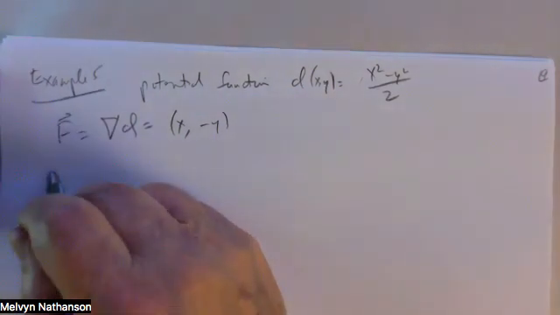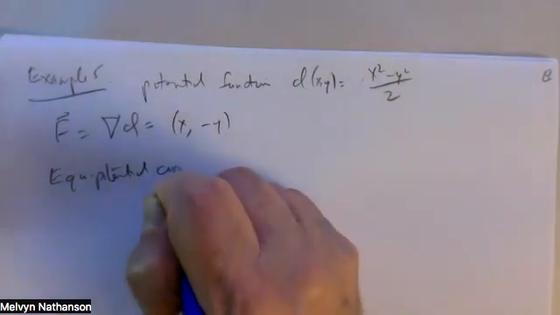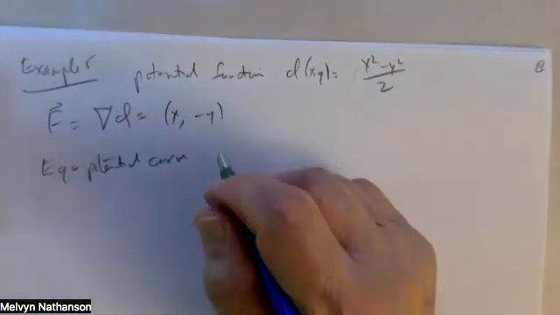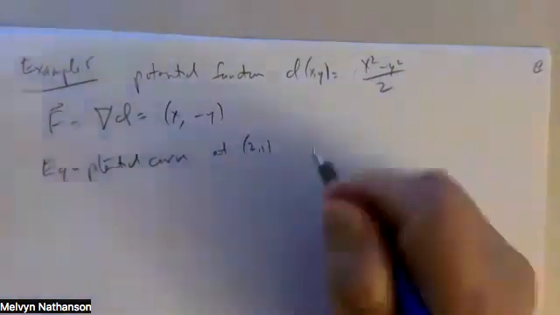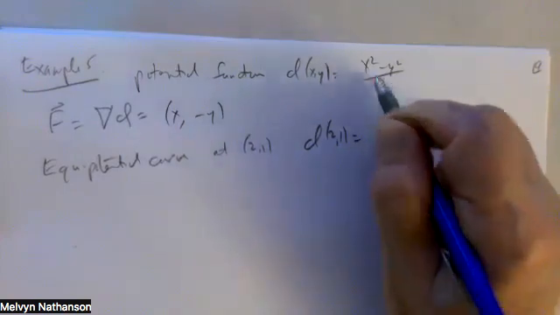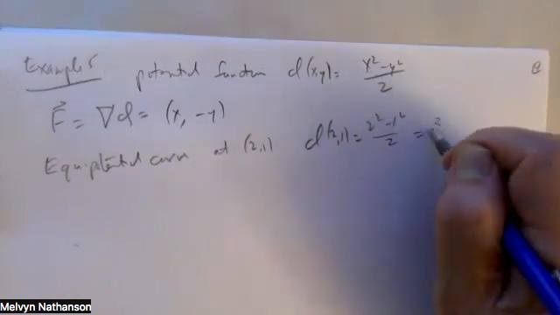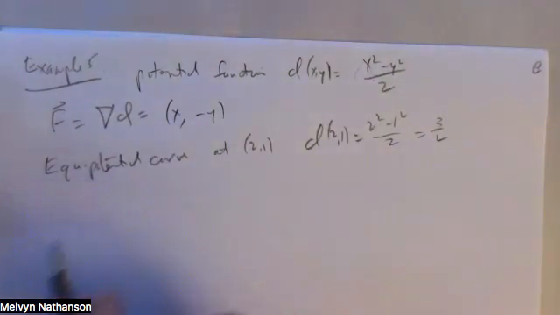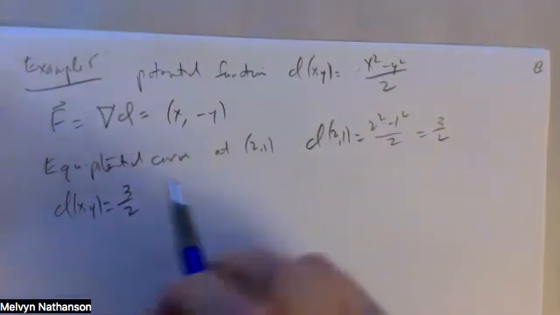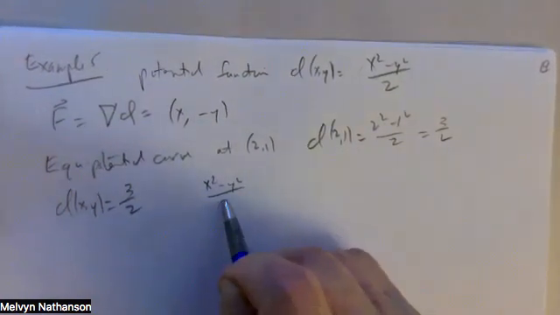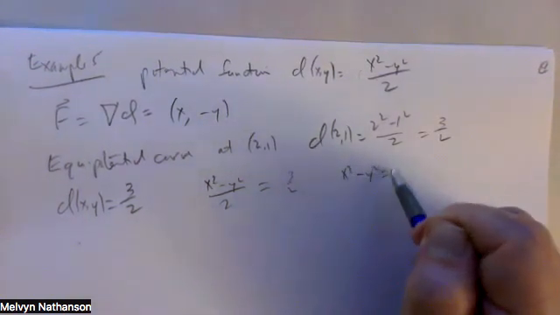What is the equal potential curve at the point 2, 1? So phi of 2, 1 is 2 squared minus 1 squared over 2, which is 4 minus 1 is 3 halves. So the equal potential curve is all points where phi of x, y equals 3 halves, or x squared minus y squared over 2 equals 3 halves, or x squared minus y squared equals 3.